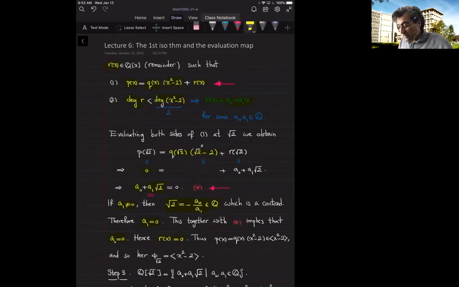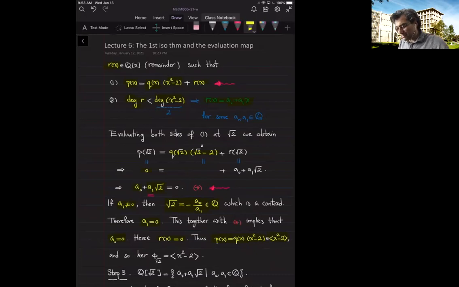That means the polynomial p, an arbitrary polynomial in the kernel, is definitely a multiple of x squared minus 2, which means it is in the principal ideal generated by x squared minus 2. We had discussed that this principal ideal is a subset of the kernel. Now we show that every element of the kernel belongs to this principal ideal.